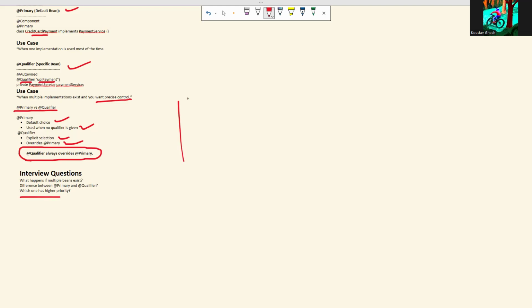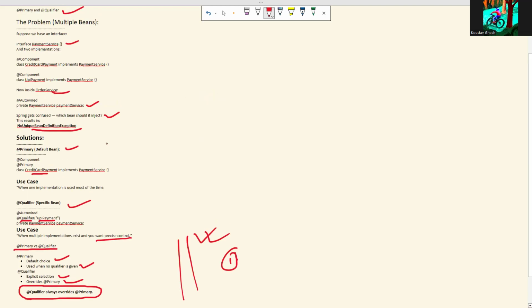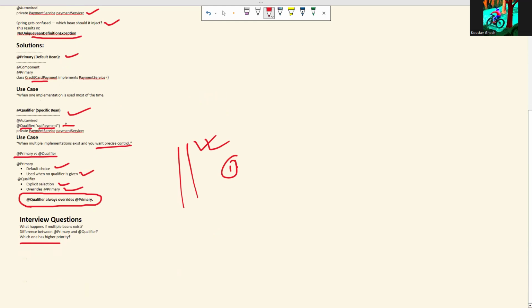But the common mistakes developers usually make: they forget to give the names in the qualifier. As the primary has no names, in the qualifier also they forget to specify the names. So don't forget to specify the names inside the qualifier. Then you will say, sir, you told that the qualifier has higher priority, but I have provided the qualifier and primary as well.